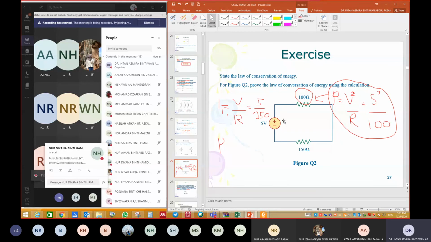So you calculate the power here, and make sure that the power of 100 plus the power of 150 equals the power of the 5 volt. If you get the answer, the law of conservation of energy is proven. Any question?